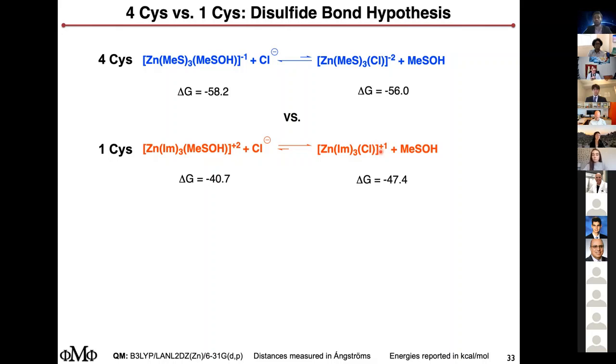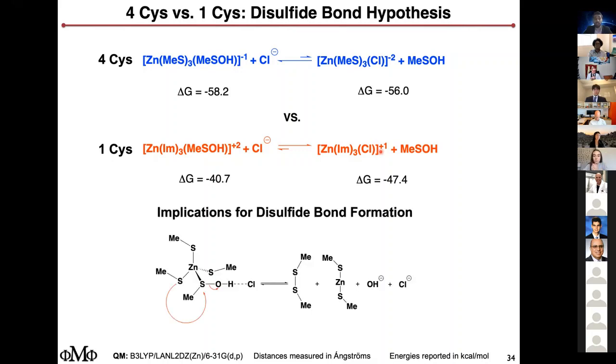But now I want to go into the biological implications as to why HSP33 in the bacteria needs to have a zinc-bound sulfonic acid. When you want to form a disulfide bridge, you want this sulfonic acid to be as close in proximity to a neighboring thiolate so that it can do this nucleophilic substitution reaction, displace that hydroxide, and form your disulfide bridge.